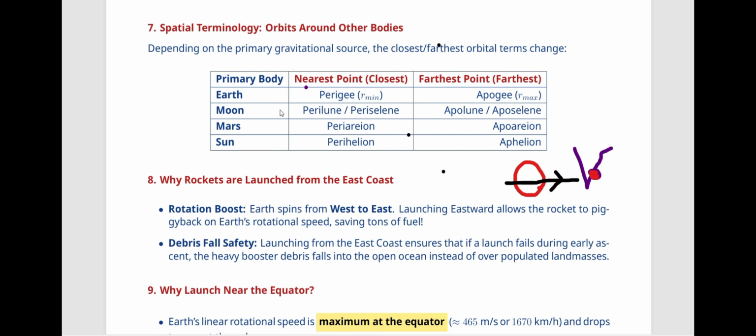For the Moon, the nearest point is perilune and the farthest point is apolune. For Mars, the nearest point is periapsis and the farthest is apoapsis. For the Sun, it is perihelion and aphelion.